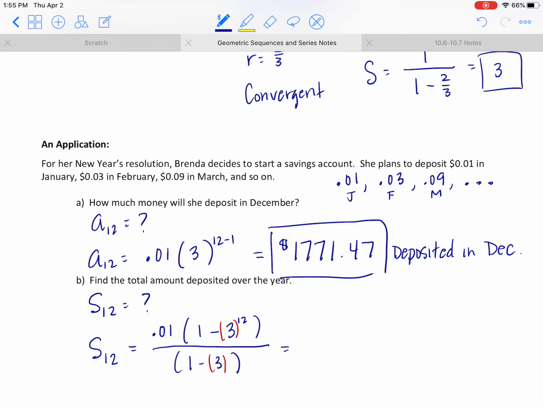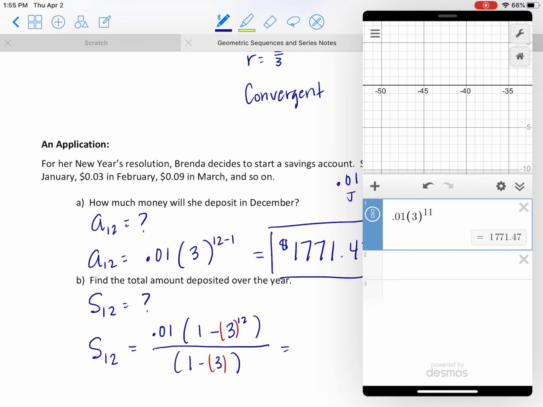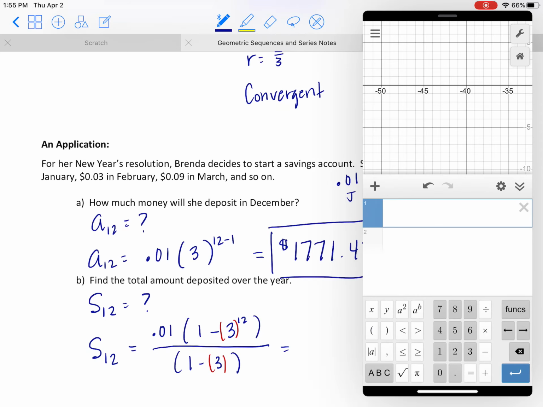And I forgot some parentheses. All right, so we're going to put this in the calculator, and I know that she's going to have more than $1,700 in there because that's how much she deposited in December. So let's see how this ends up. Over the course of the year, even though she started with a really small amount, how much is she going to end up with?